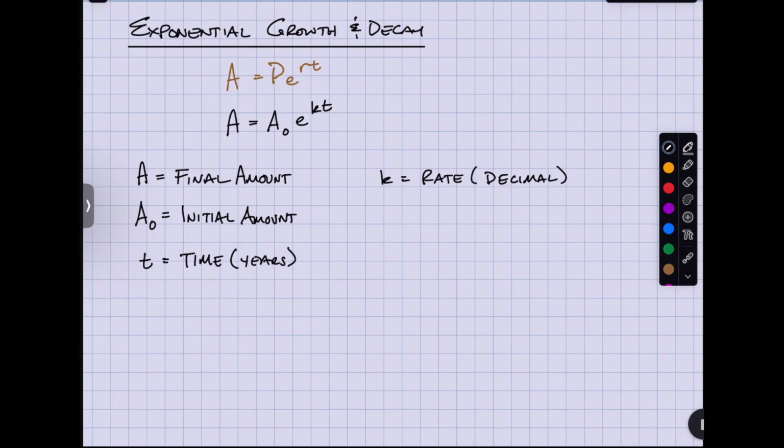Where if K was positive, then we have growth. If K was negative, then we have decay. Which, financially speaking, we never want to have a decay. Hopefully not. It goes up and down, but hopefully down the road, it's all growth. Hopefully. Fingers crossed.